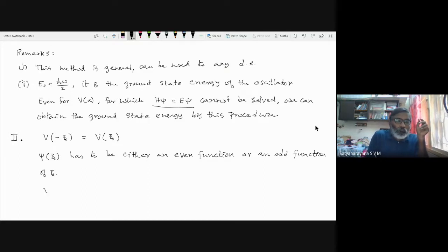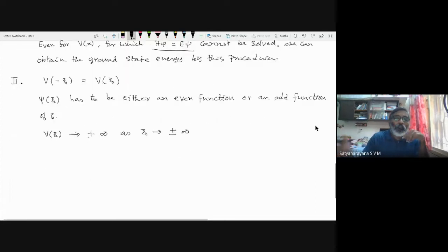Secondly, V of xi goes to plus infinity as xi goes to plus or minus infinity. What does that mean?